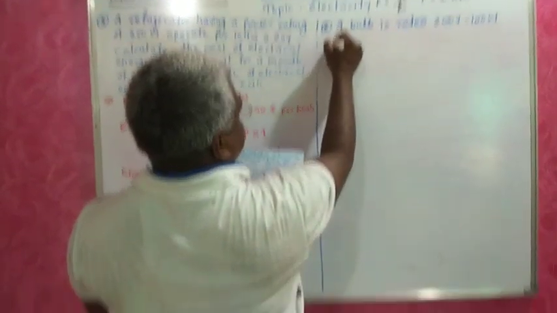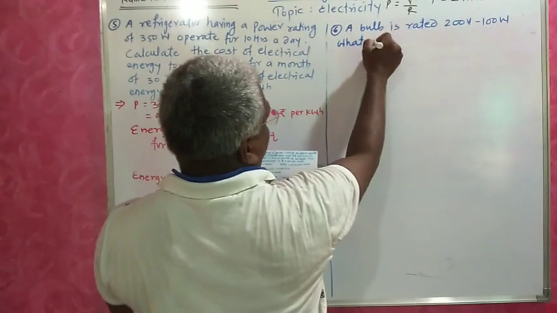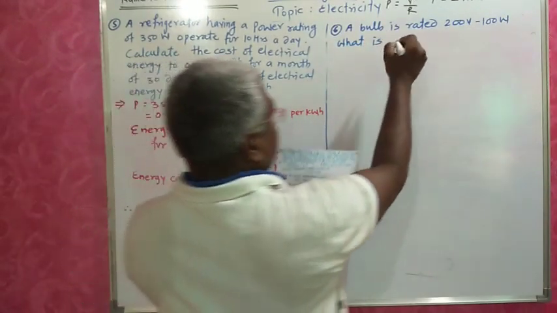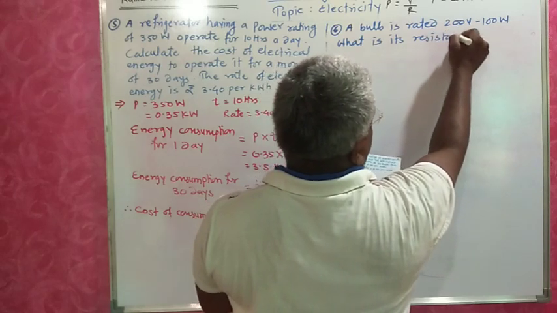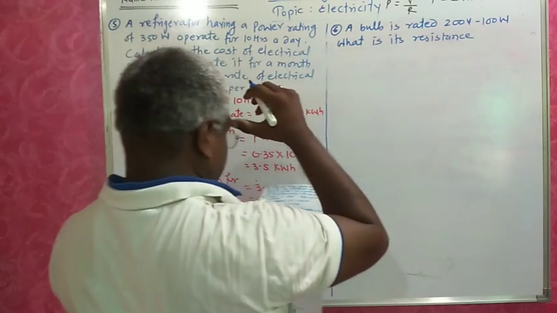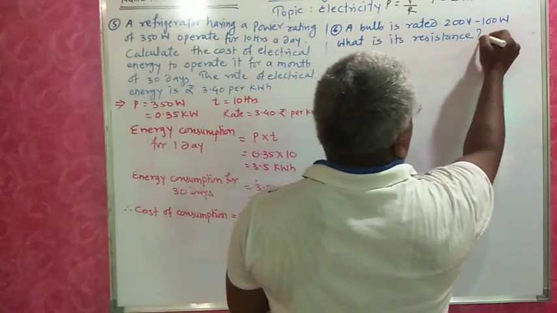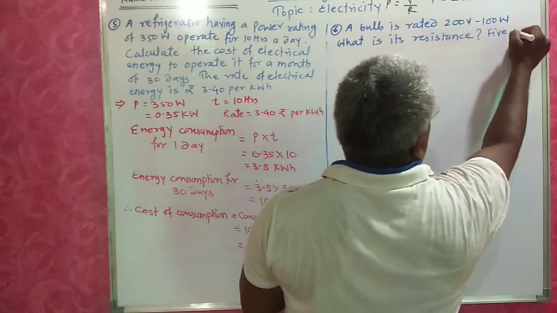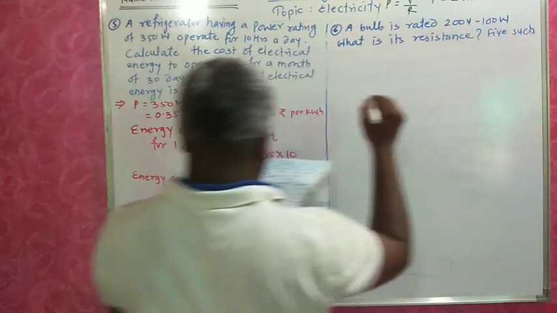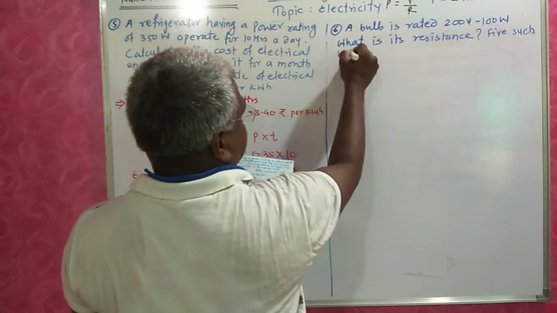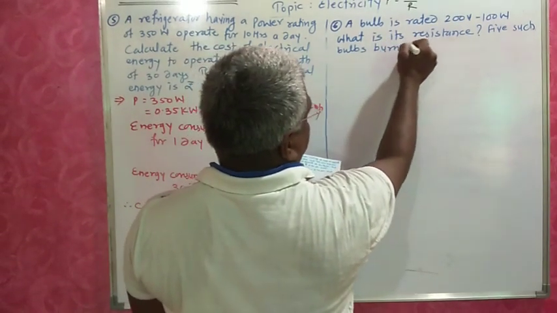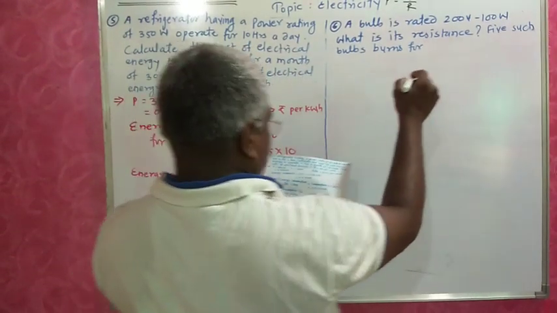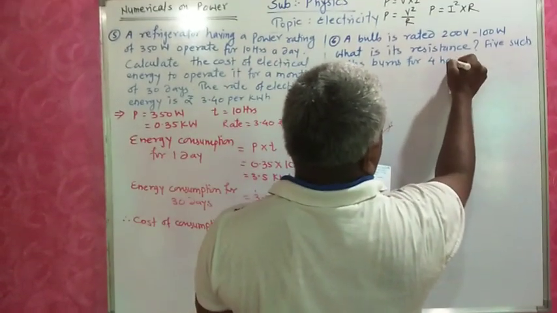What is its resistance? Five such bulbs burn for 4 hours.